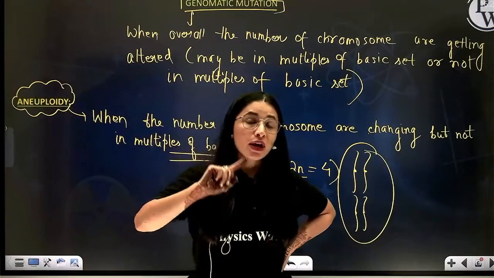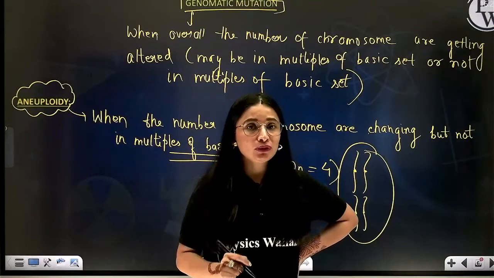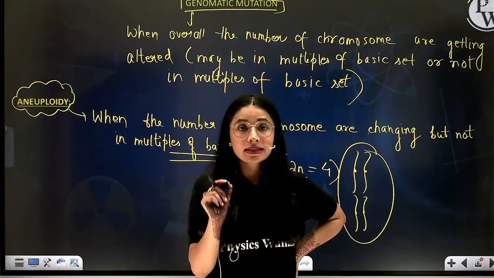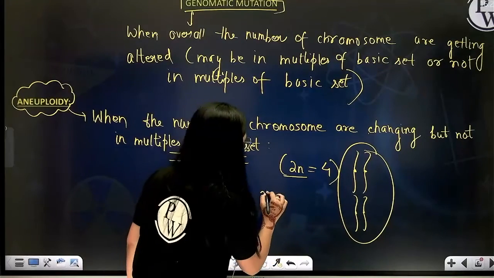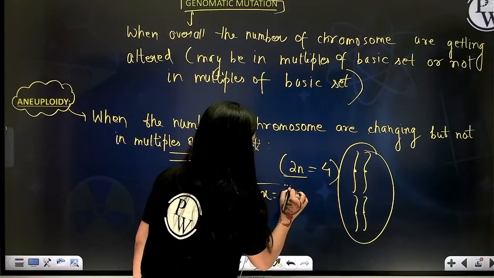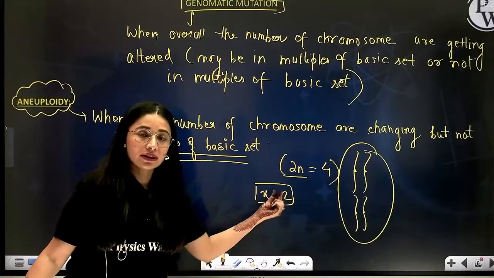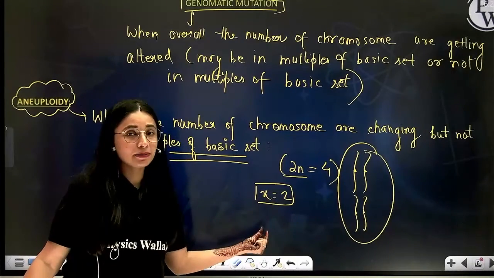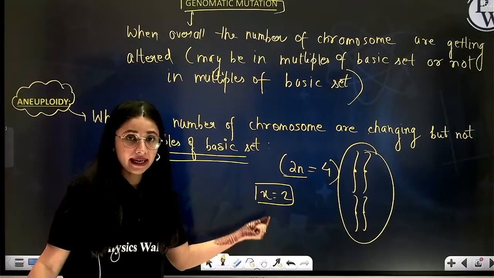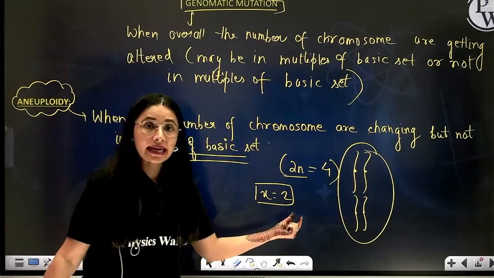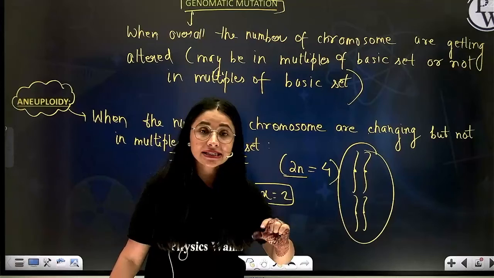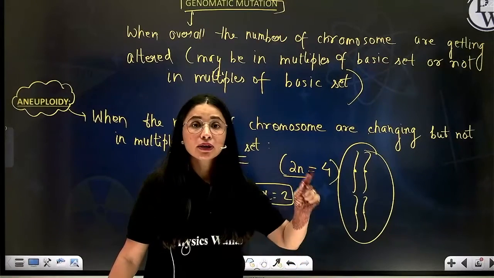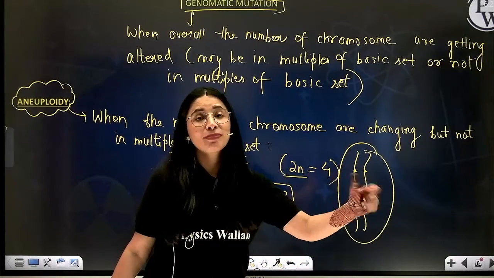Now, if aneuploidy type of mutation has to take place, then over here the basic set is actually 2. The basic set for this cell is represented by X, right? So X over here is 2. Now aneuploidy means change in the chromosome number but not in multiples of the basic set.